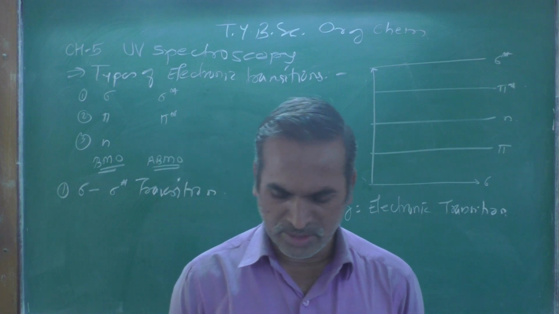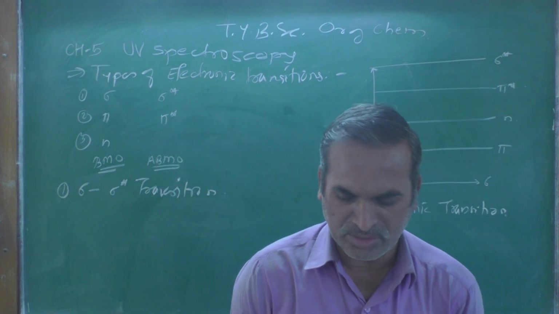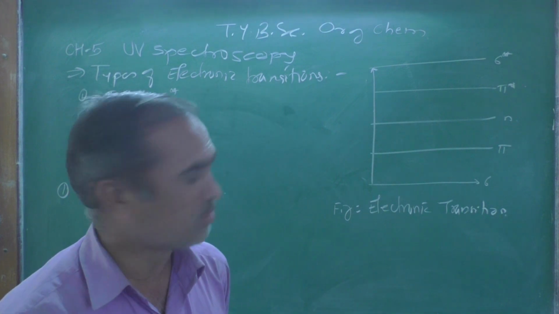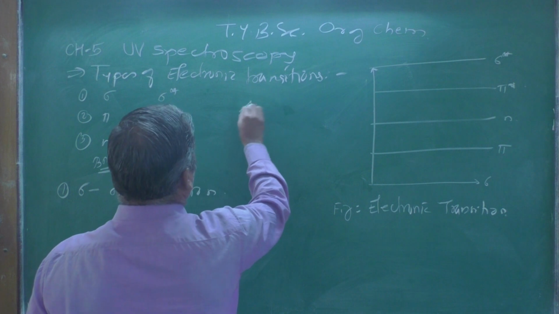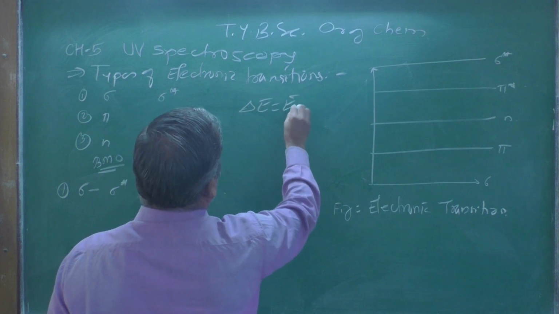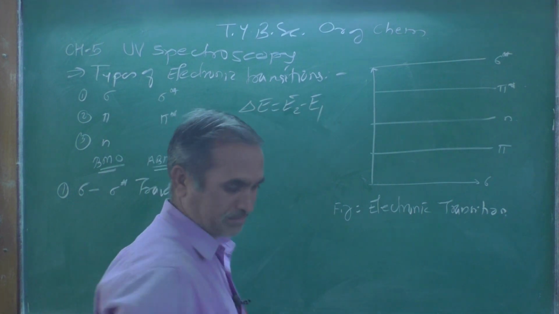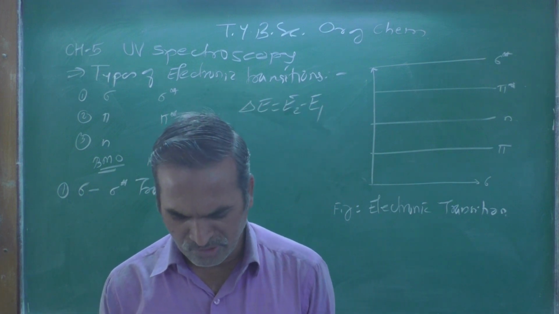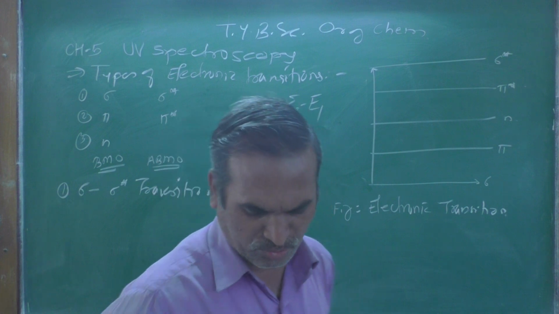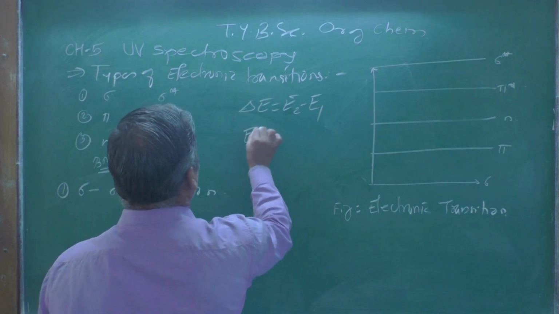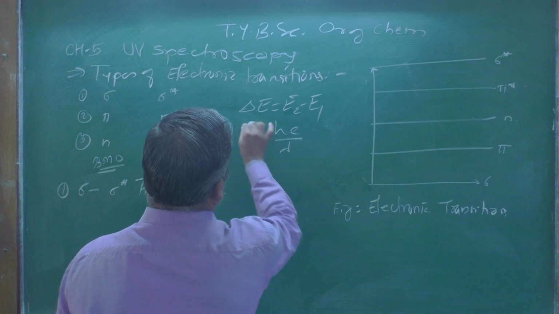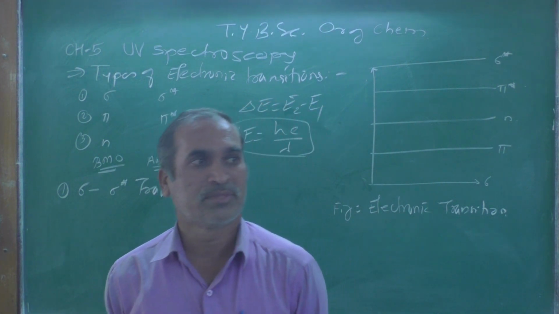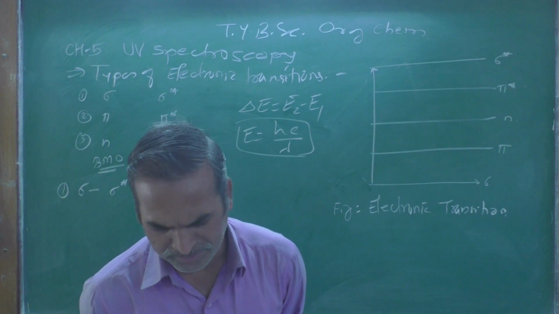The wavelength of absorption depends upon the energy difference, that is, delta E is equal to delta E2 minus delta E1, and the relation between wavelength and energy is E equals hc upon lambda. This is the relationship we know from studying the introduction to spectroscopy.